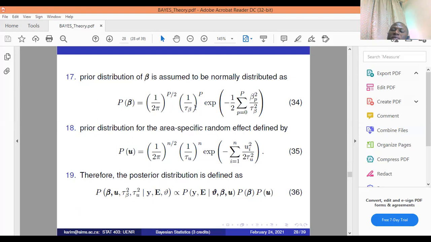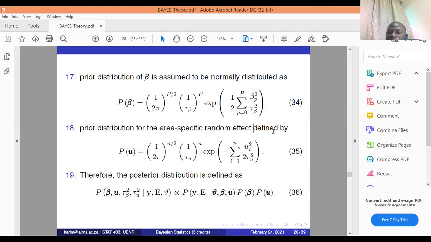And then we have the variance for that, which is the tau here, multiplied by negative 1 over 2, then we have beta squared over the variance. So this is the parameter over its variance.